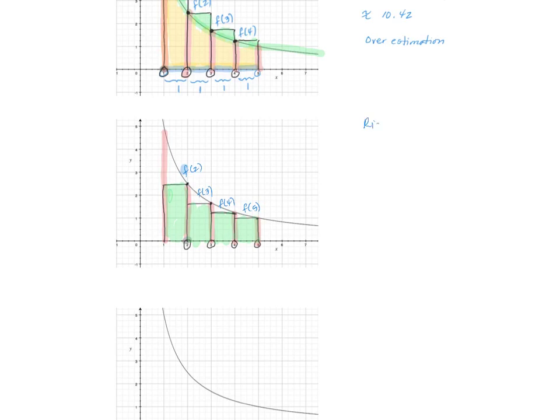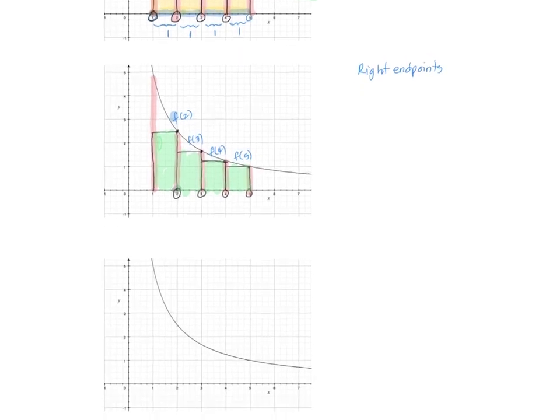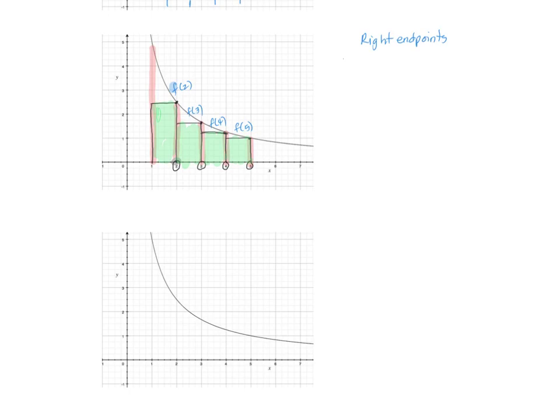So using our right endpoints of the intervals that we've created, I have 4 rectangles that I'm adding the area up. Remember, this base is still 1 for all of these rectangles. So this is going to be the base times the height, or you could look at it as length times width.